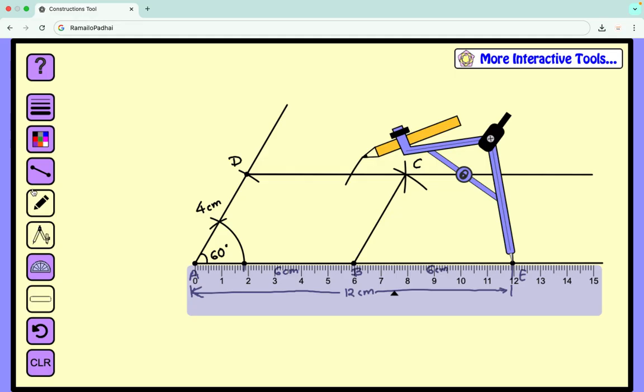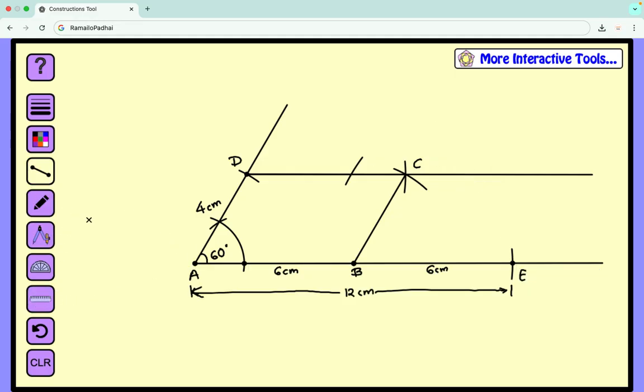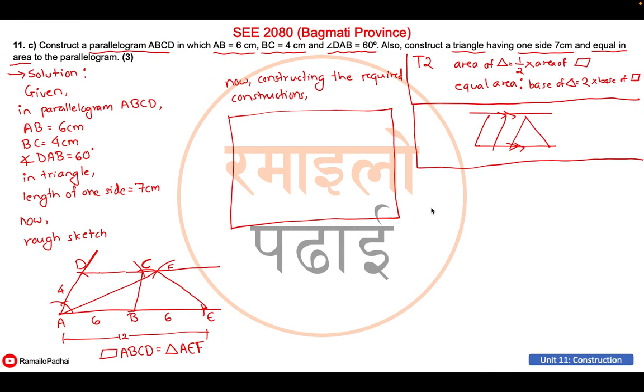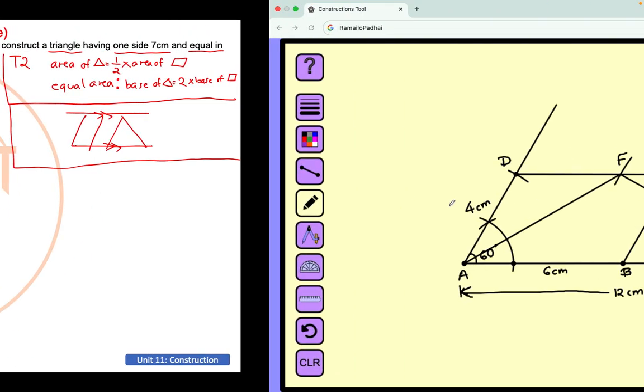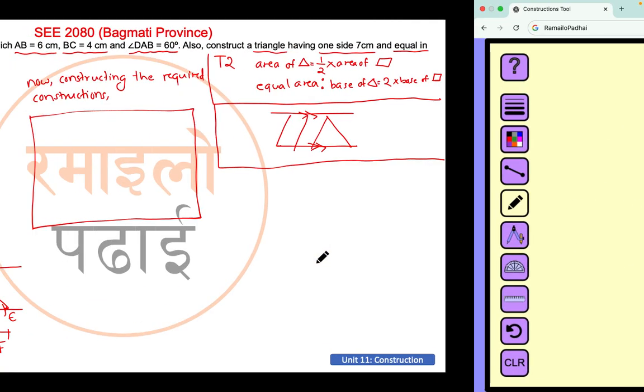Now joining these lines, so we join E to F, this point will be F, and A to F as well. So this is F, and we know EF is equal to 7 centimeter. Yes, it is 7 centimeter. So this is the required parallelogram and triangle. This is our required figure.